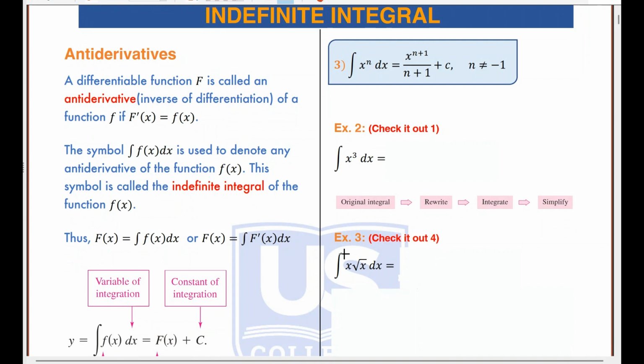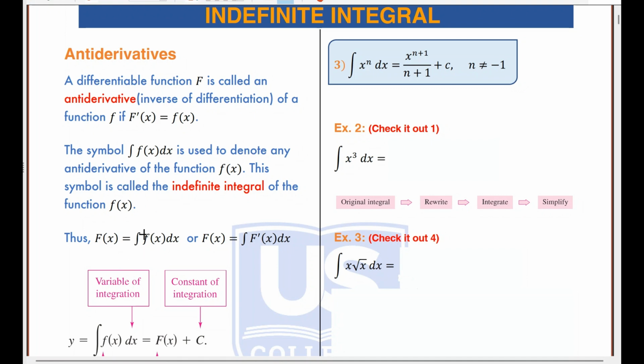Let's talk about some notations for antiderivative. Capital letter F is called antiderivative, and we write the antiderivative by using this symbol. The long S-looking symbol represents integral.